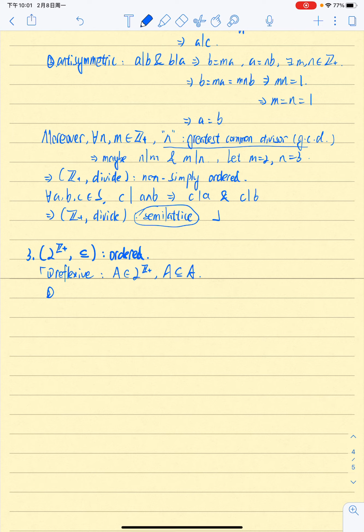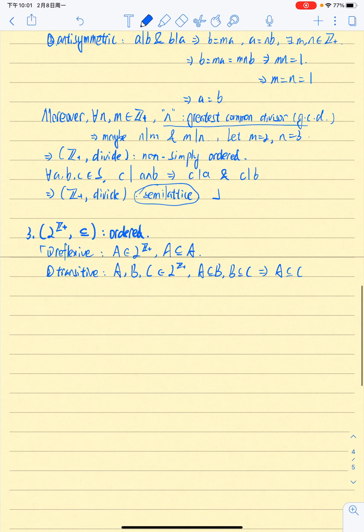Second, transitive. For every A, B, C in the collection, if A is a subset of B and B is a subset of C, then we can get A is a subset of C. So transitive holds. The last one, anti-symmetric.